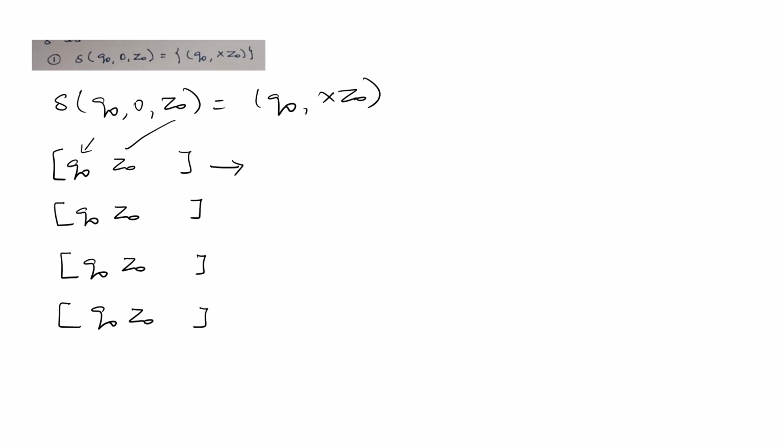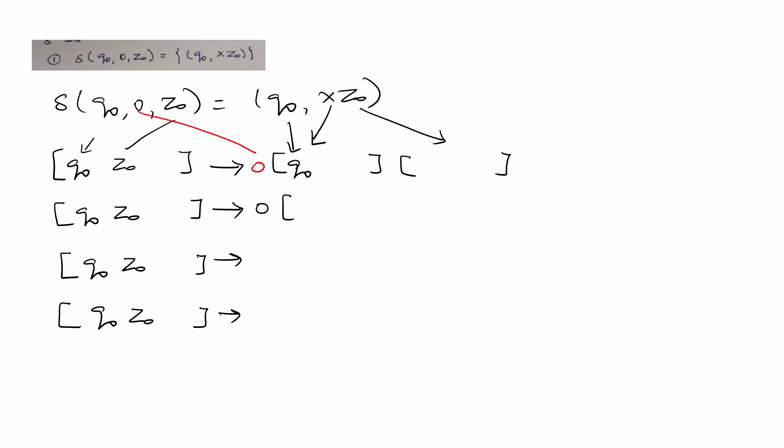And here comes the input symbol 0, followed by two variables, one for this stack symbol X, another for this stack symbol Z0, and this Q0 has to complete. So all the productions are going to be like that: 0, Q0, and here we are going to have X, here also X, here we are going to have Z0, here also Z0.